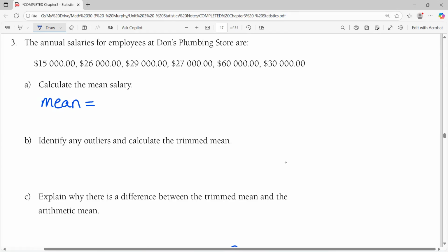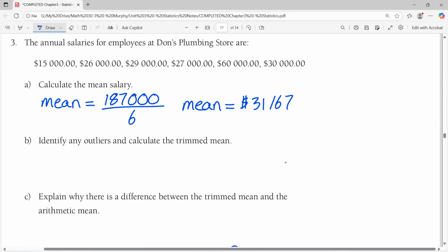So 187,000 divided by 6. Our average is 31,167.